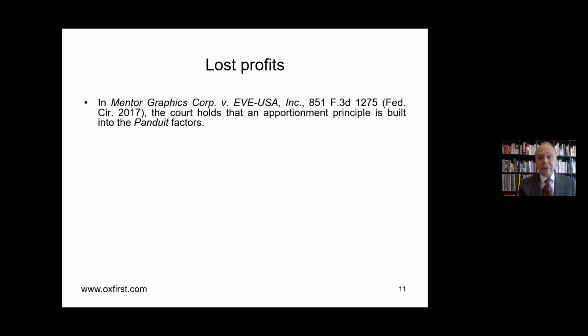And that is essentially what was at issue in this Federal Circuit case from 2017, Mentor Graphics versus EVE USA, where the court held that the apportionment principle is actually built into the Panduit factors.